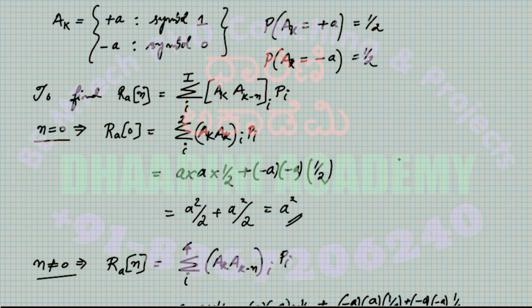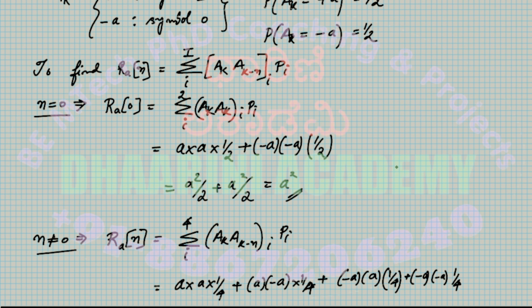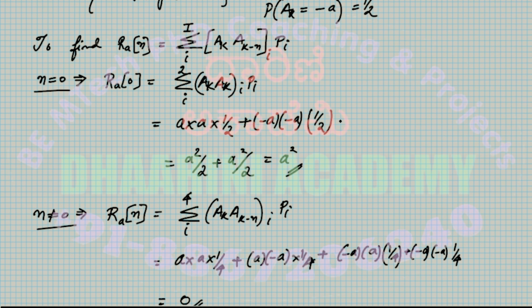Is it fine? Okay. Now we use the same equation for RA of n: summation small i to capital I, ak times ak minus n, multiplied by individual probabilities. So start with n equal to 0. It means ak into ak, right? So ak into ak means there are two chances, one with A times A, the other one is minus A times minus A. So there are only two chances, and they are equiprobable, so 1 by 2, 1 by 2.